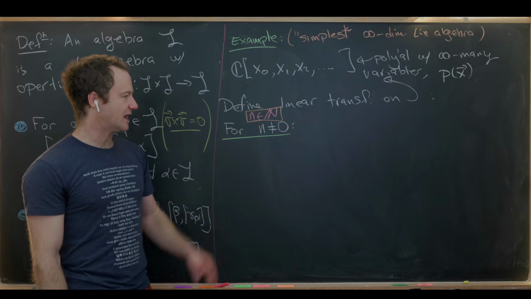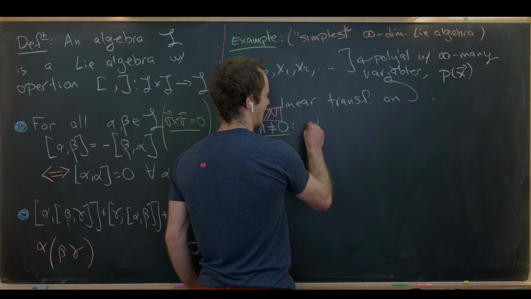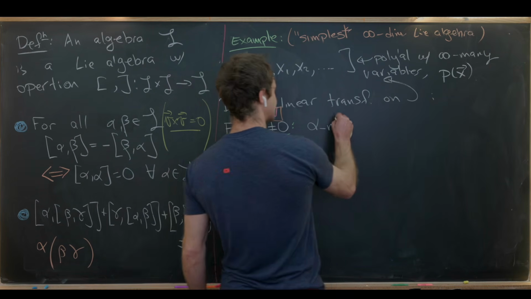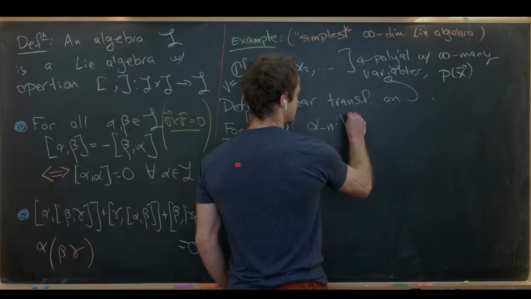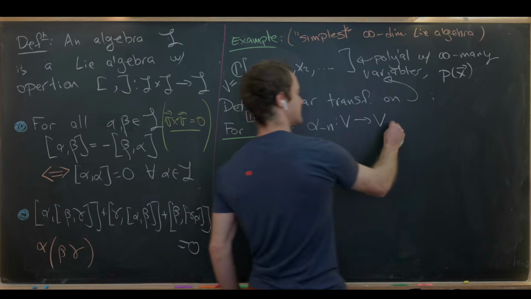Okay, so for n not equal to 0, let's define, I'm going to call it alpha minus n. So this is going to be a linear transformation from, let's call this vector space V, so it'll go from V to V. And what does it do?